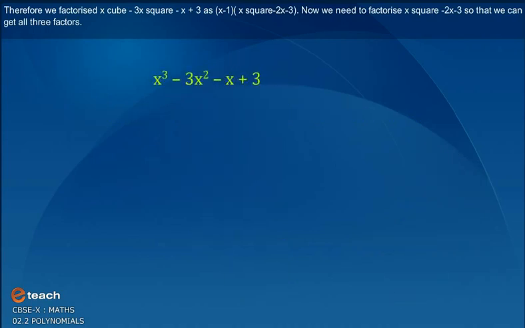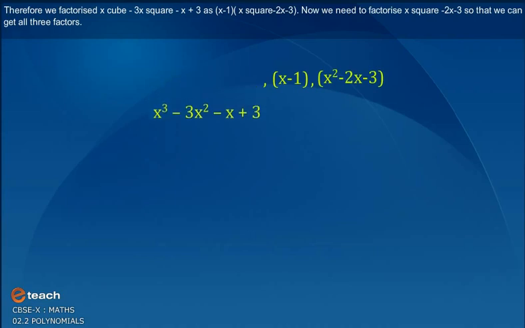Therefore, we factorized x cube minus 3x square minus x plus 3 as x minus 1 into another bracket x square minus 2x minus 3. Now we need to factorize x square minus 2x minus 3 so that we can get all three factors.